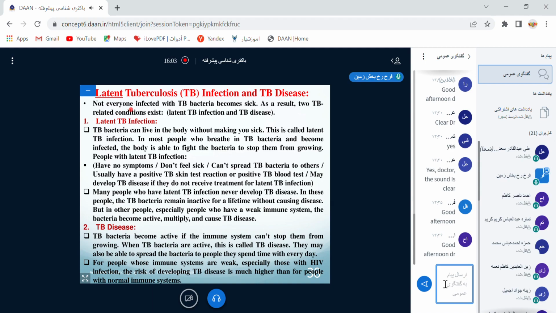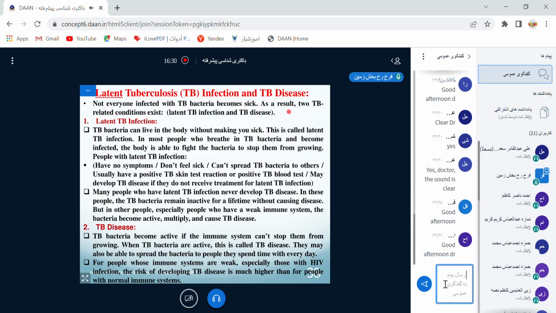Not everyone infected with TB bacteria becomes sick. So it means maybe some of us during our life were infected with this bacteria without any signs and symptoms. Not everyone infected with TB bacteria becomes sick.